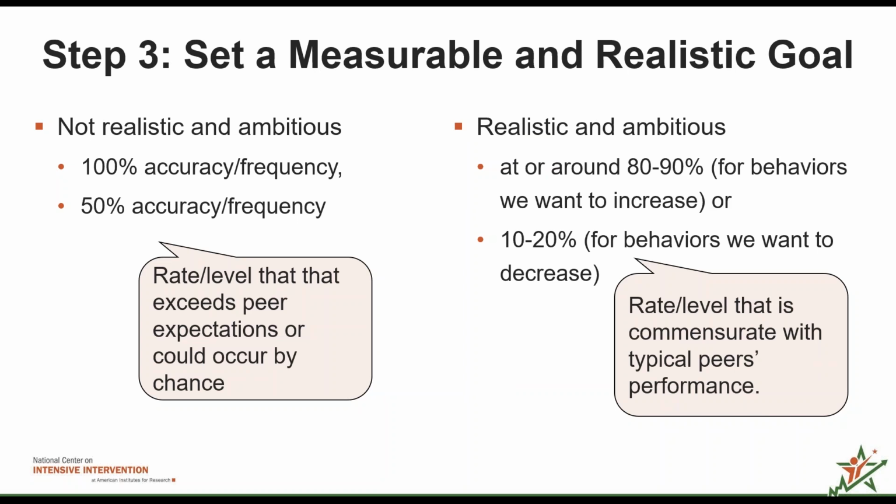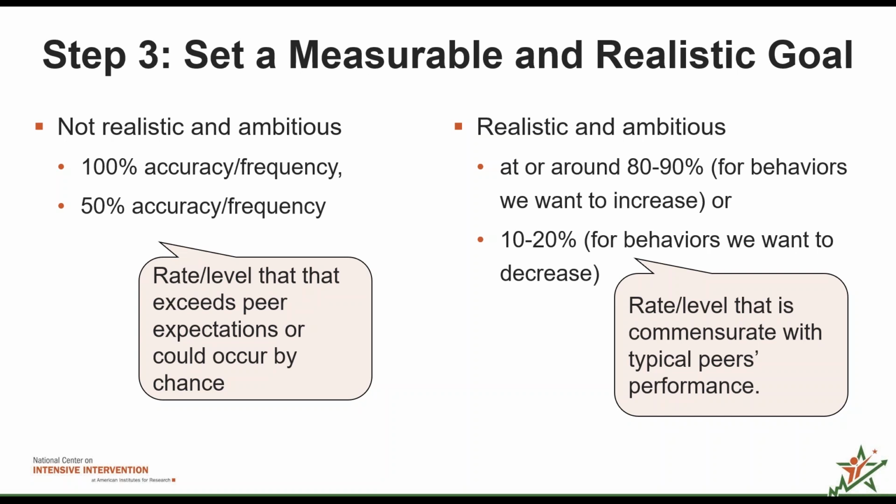We have our example and our non-example of a measurable and realistic goal here. Oftentimes we'll see things like, we want the student to be 100% accurate or 100% frequency with this particular data. Well, if we're not expecting peers to perform with 100% accuracy, we shouldn't expect that same rate from students with disabilities. So it really should be within the realm of possible and realistic performance for the student.